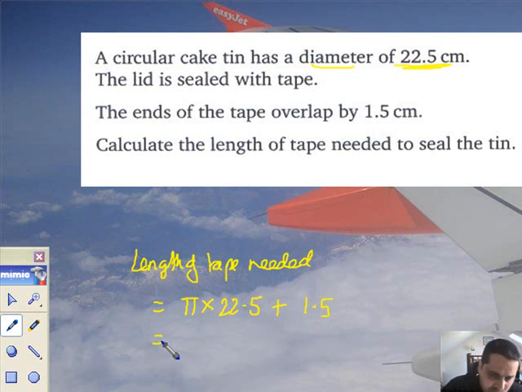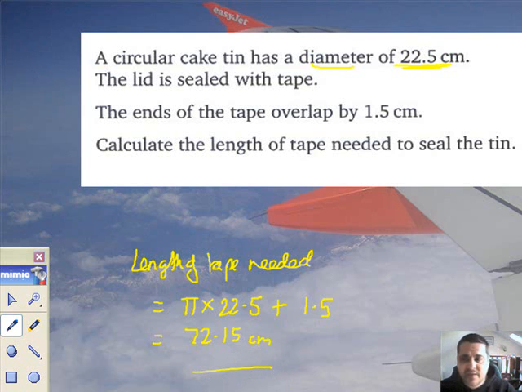So that's all it requires. 3.14 times 22.5 plus 1.5. Altogether, I need 72.15 centimetres of tape, and that's all there is to it.